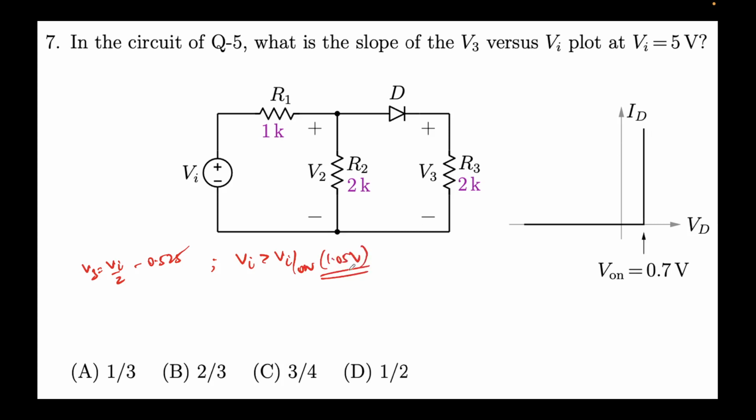So since 5 volts is greater than 1.05 volts, we can apply this expression, and we can clearly see the slope is coming out to be 1 by 2. So D is the correct answer for this problem. Again, just building up on that, there's nothing new that I did. Just in case of the actual values of Vi of 5 volts, I just obtained the expression.